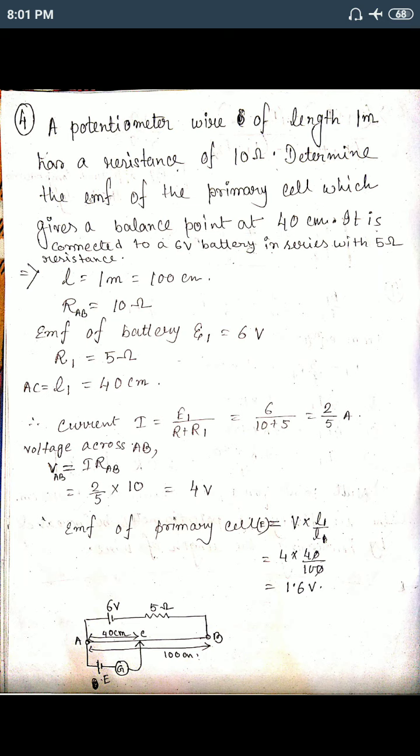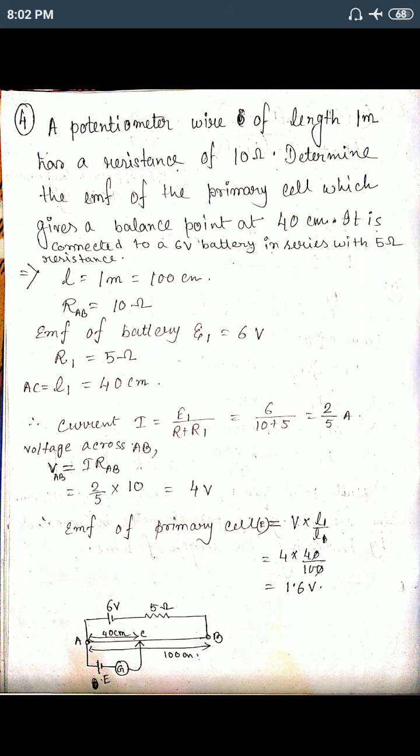It is very simple. So whenever this type of numericals is there, if a diagram is there, then it's okay, no problem. Try to draw the circuit diagram. If you draw the diagram, then it is very easy for you to understand how to solve, stepwise.